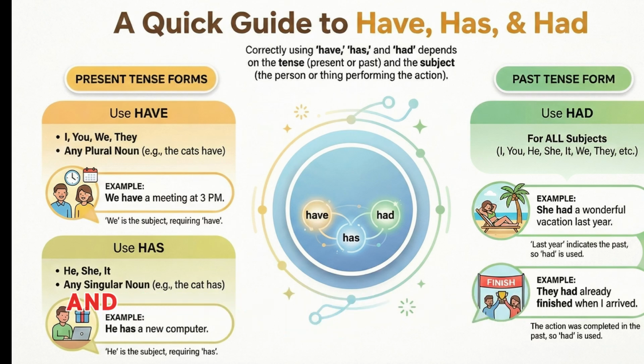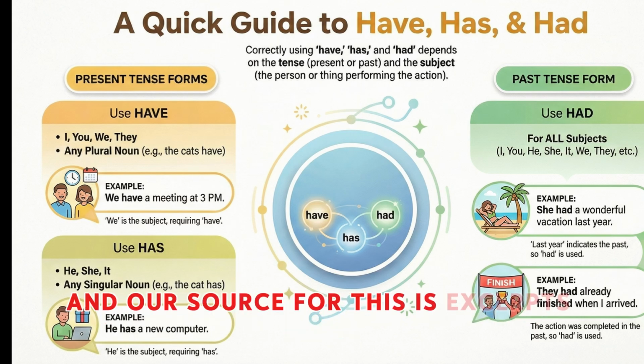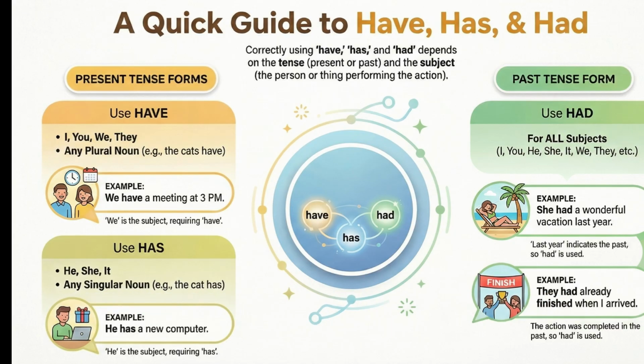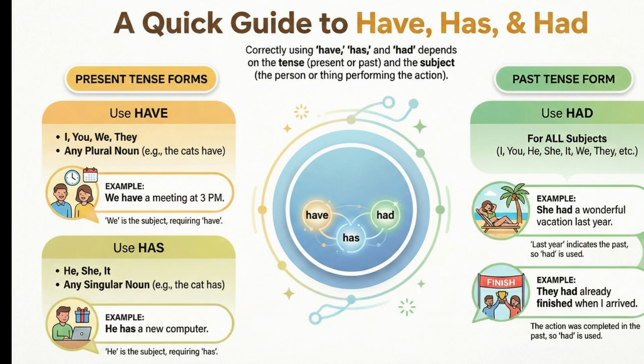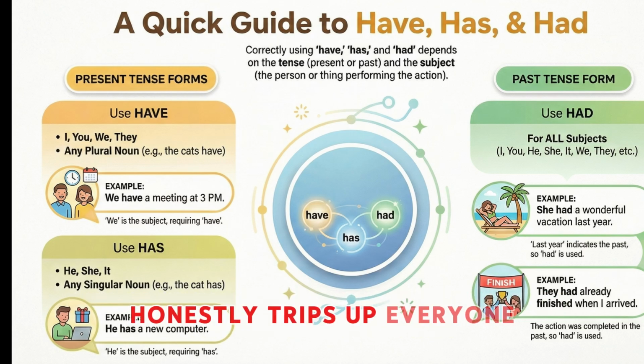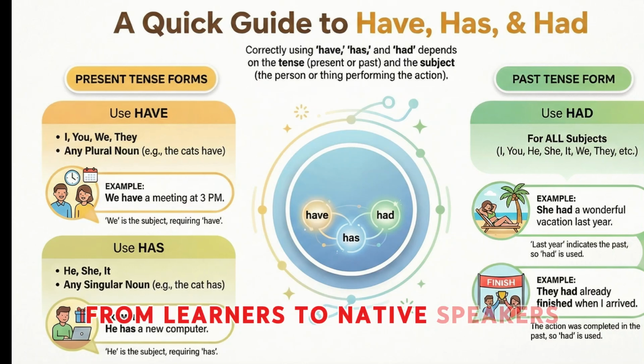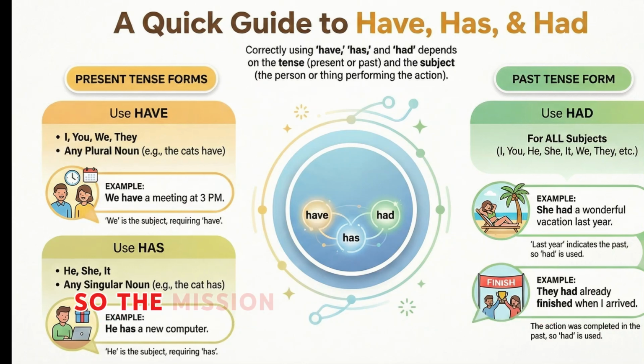Right. And our source for this is excerpts from Have, Has, Had Essential Usage Guide. And it promises to clear up some of the confusion that honestly trips up everyone from learners to native speakers. It really does. So the mission for this deep dive is pretty clear.